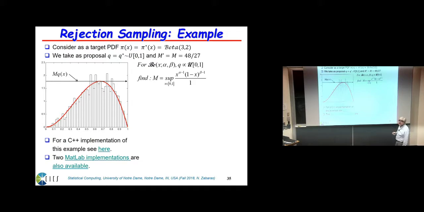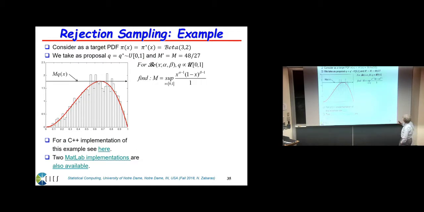So you want basically to compute the sup, but this uniform distribution is exactly on the mode basically of the beta distribution. So you can actually take the beta distribution, calculate the maximum with respect to x, find the x that maximizes, and set this value equal to m. All right, so this value comes to be 48 divided by 27. There's no magic there.